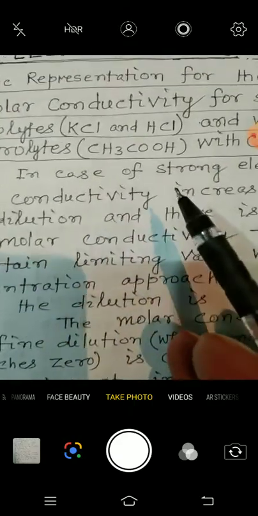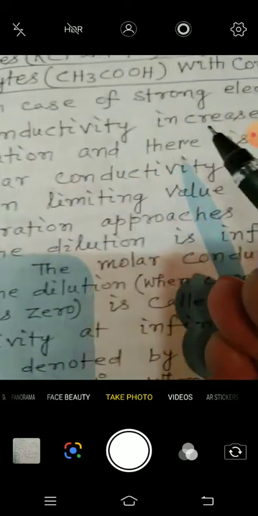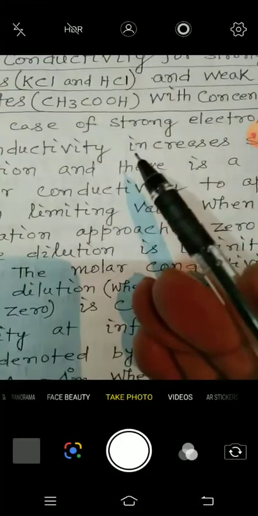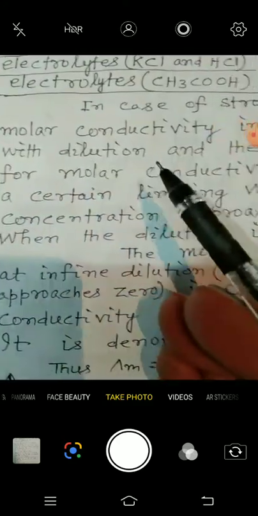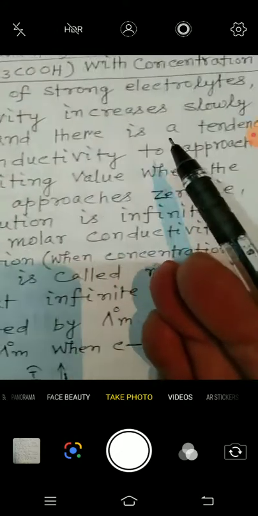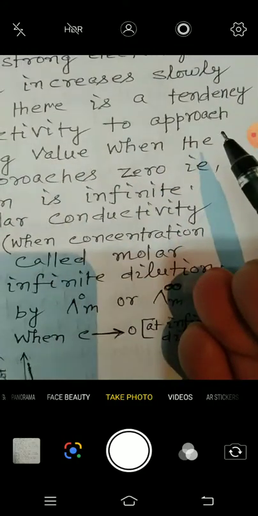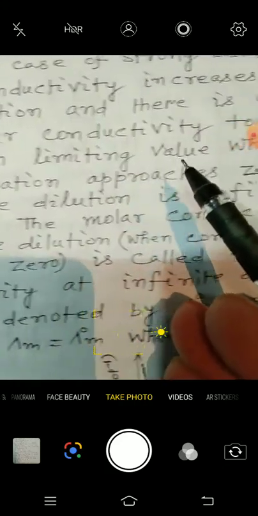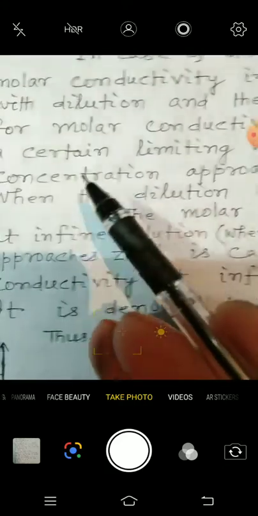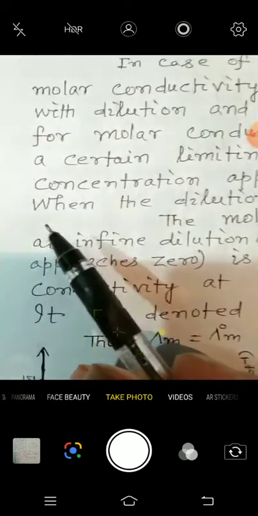So, in case of a strong electrolyte, molar conductivity increases slowly with dilution, and there is a tendency for molar conductivity to approach a certain limiting value when the concentration approaches 0, that is, when the dilution is infinite.